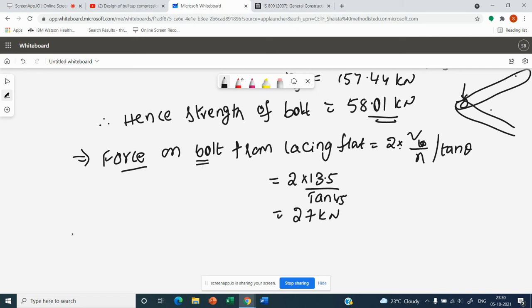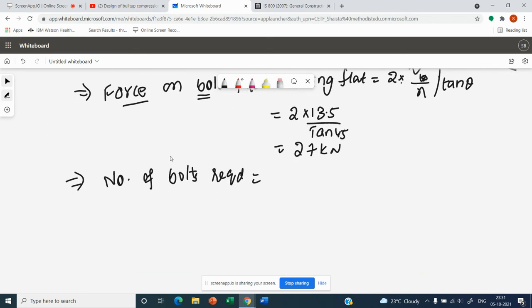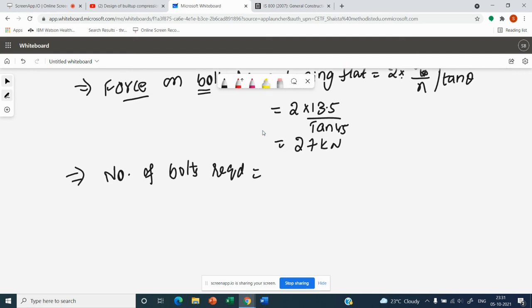Okay. So once we get this, we get number of bolts. Number of bolts required will be equal to the force on each bolt 27 divided by the strength, least strength, that is strength of bolt 58.01. So we are getting it as 0.465, which we cannot use, so we should minimum have one bolt.